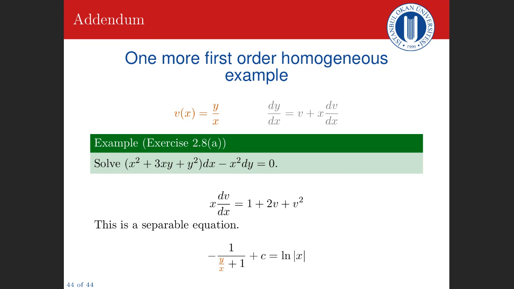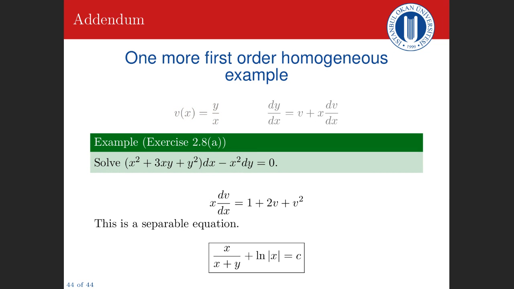Minus 1 divided by (y over x plus 1) plus c is the natural logarithm of x, which we can multiply by x to get x divided by (x plus y) plus the natural logarithm of the absolute value of x is equal to c. And this is how we solve homogeneous equations.